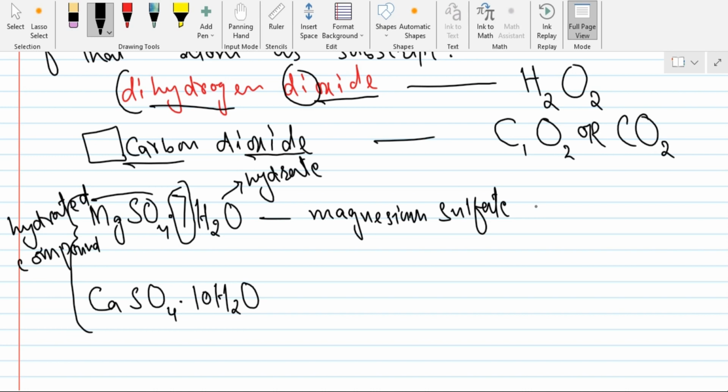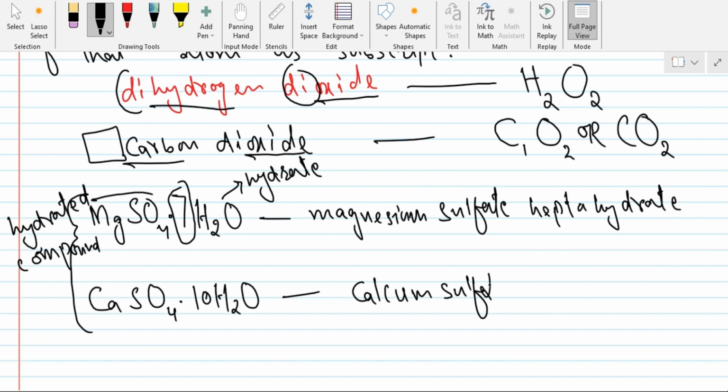So 7 is hepta, heptahydrate. The complete name is magnesium sulfate heptahydrate. For the other one, calcium sulfate contains 10 waters. Water is referred to as hydrate, and the number 10 is deca: decahydrate.